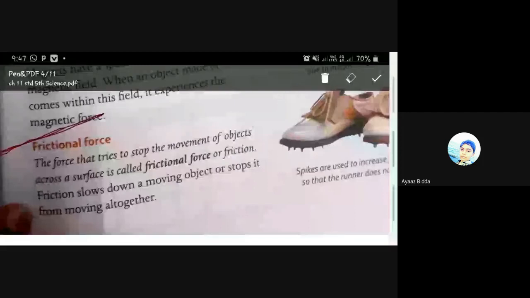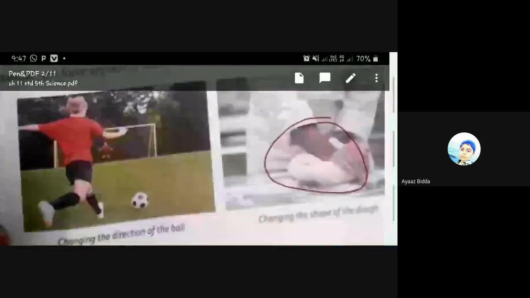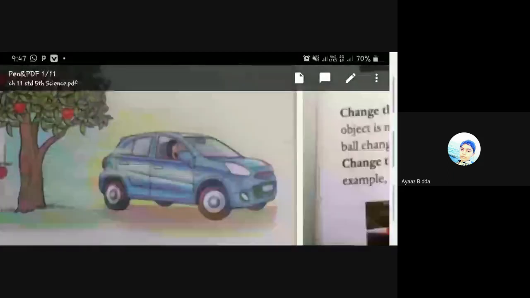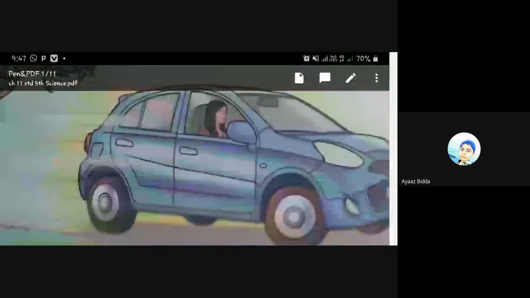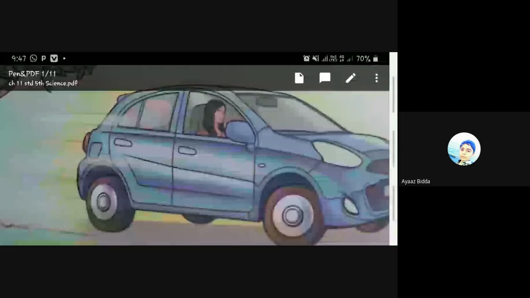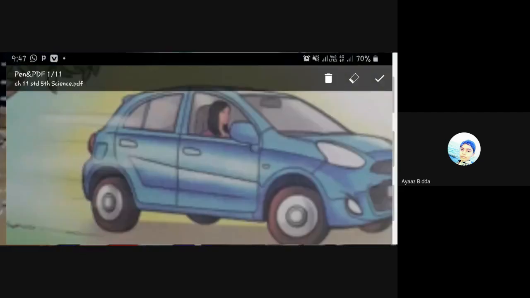Now I'll show you a good example of friction. This is when the brake is applied. When the brake is applied, what is happening? The car will stop moving. So this is a good example of friction.